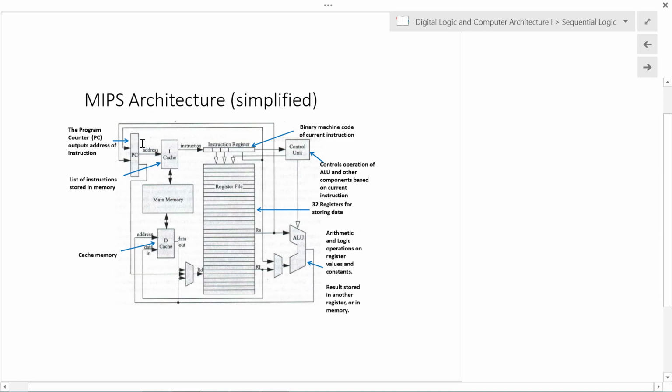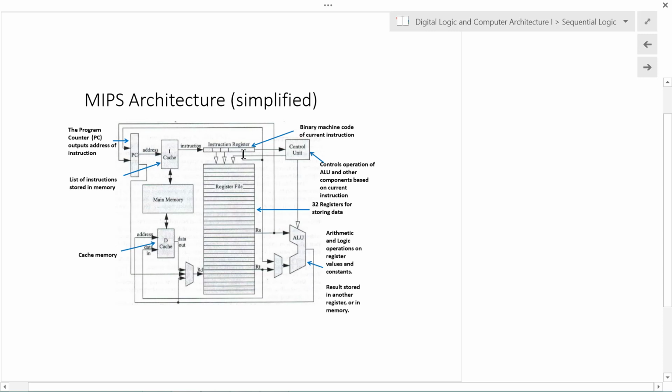components that store state would be this program counter here. Another would be the instruction cache, which stores a list of instructions in memory. Main memory, which is accessed by the instruction cache or the data cache. Also, the data cache would store information that does not change with time.